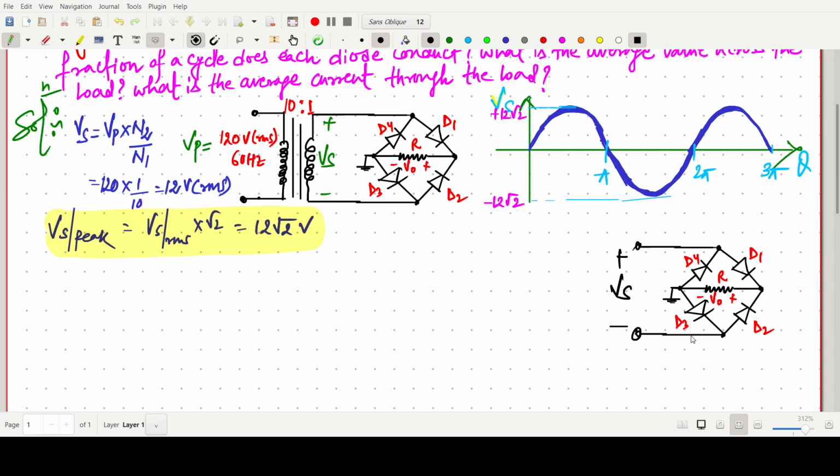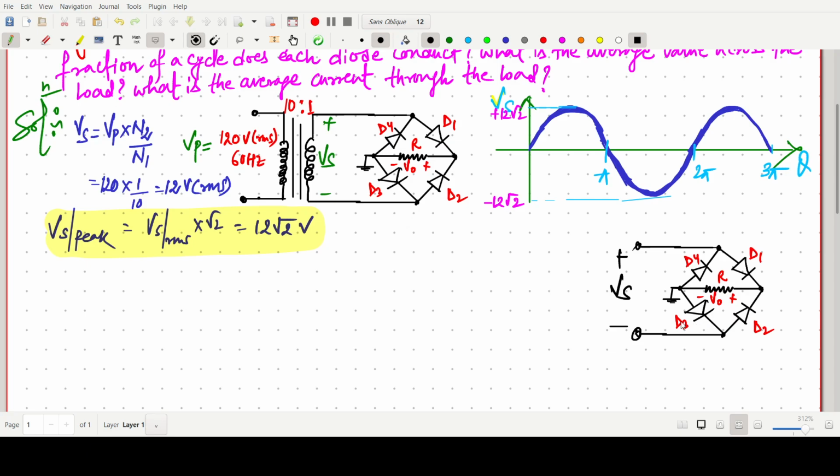In the question a 0.7 volt voltage drop across each diode is given, and basically we can say this is a silicon diode. We know the full wave rectifier concept.